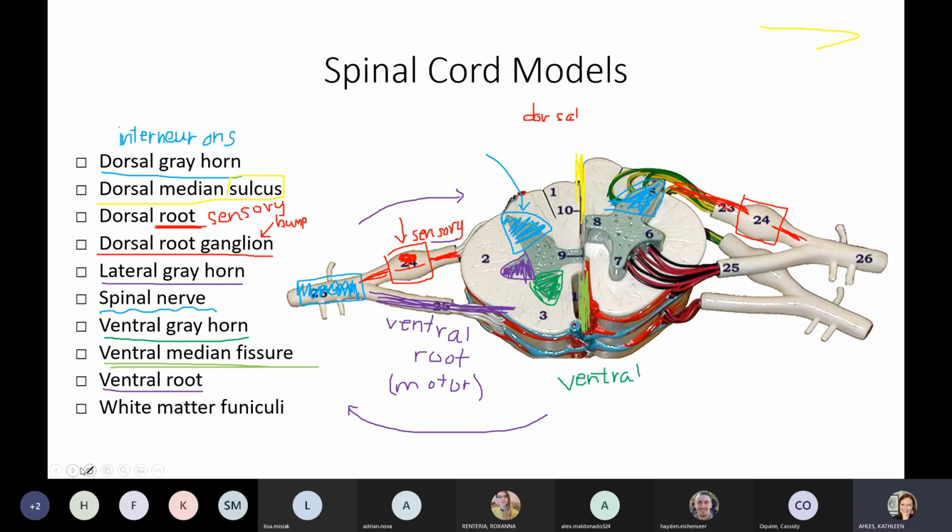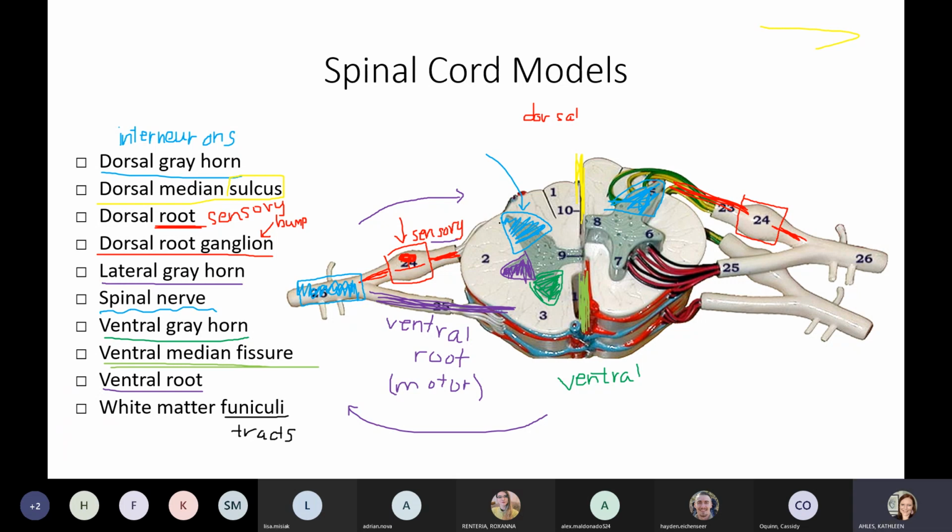The last thing on our list is called the white matter funiculi. In lecture today, we're going to talk about another word for funiculi, and that other word we're going to use is tracts. Tracts are groups of neuron axons that all travel together in the same direction. So the white matter funiculi literally fill everywhere in the white matter.